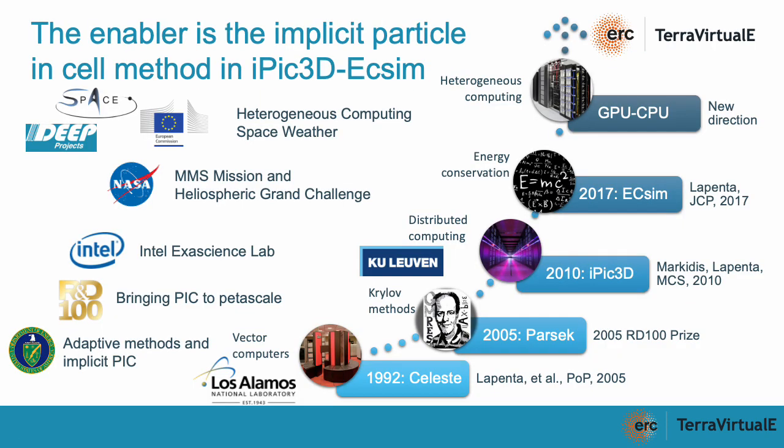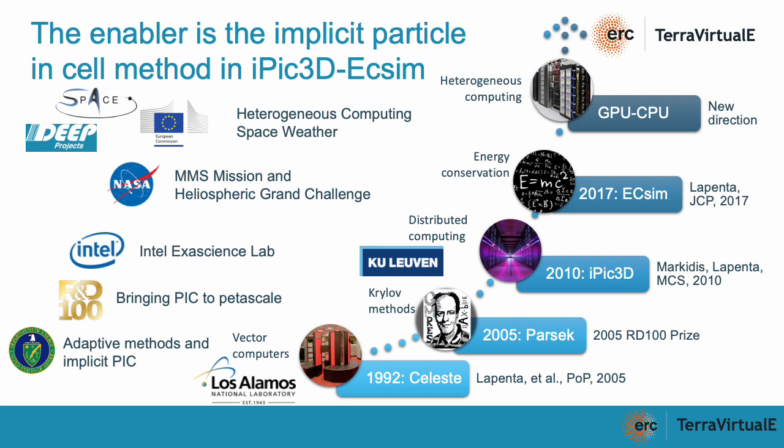The motivation why we were able to do this simulation with full electron physics comes from the use of the implicit particle in cell method. This is a technique that has been developed first at Los Alamos by my supervisor, Jerry Brackbill, and then by myself when I was a student and then a staff member at Los Alamos, and then it continued over the years when I moved to KU Leuven with several collaborators.